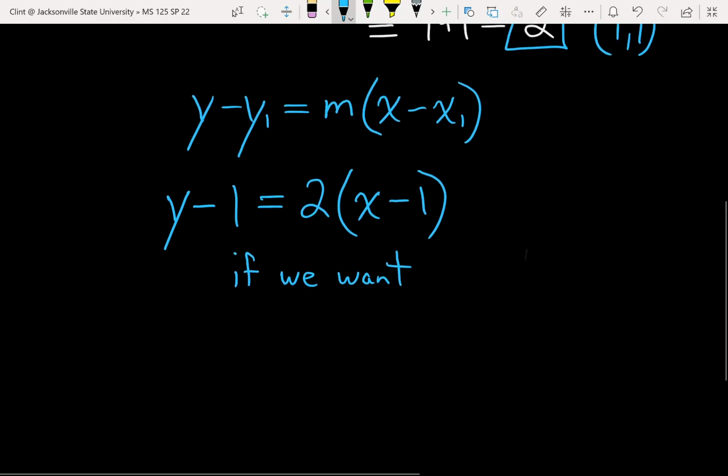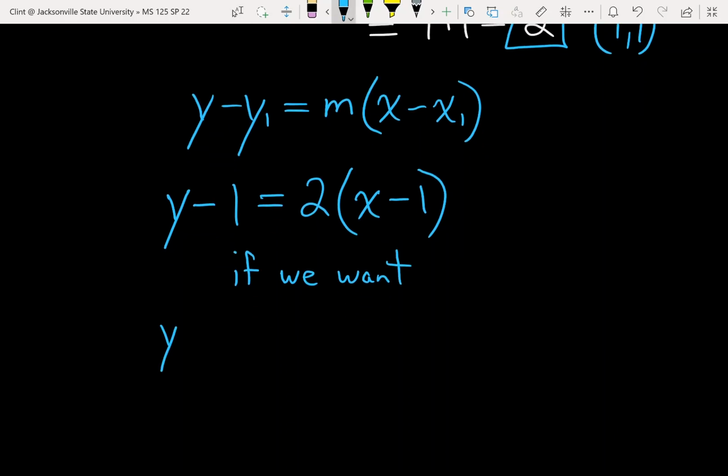If we wanted to, we can go a little bit further, right? We could solve it for y, get it in slope intercept form. So there, 2 times x is 2x, and then 2 times -1 is -2, and I'd have to add 1 to both sides.